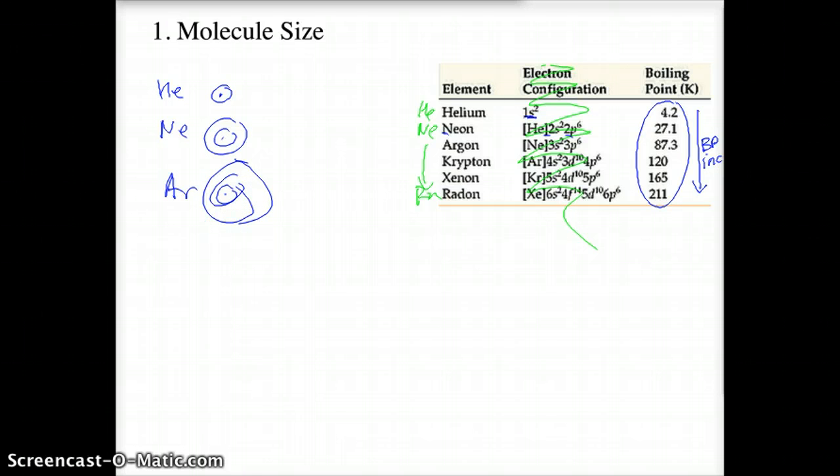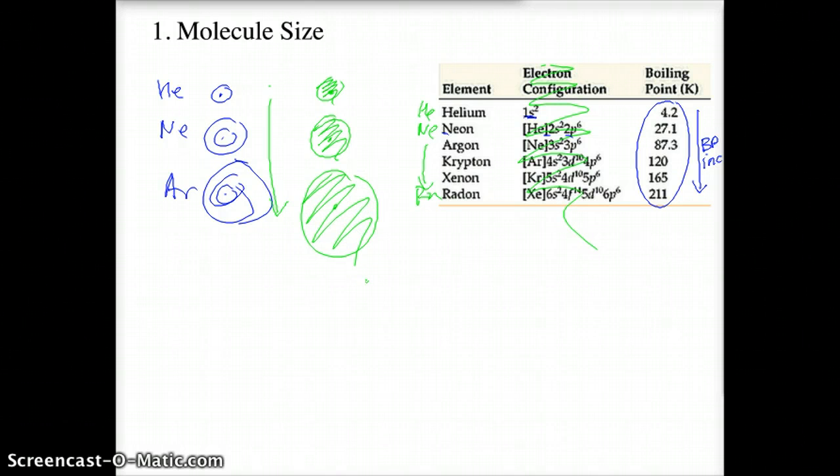So what we can see is as we go down the group, these atoms are getting bigger in size. As these atoms get bigger, those electrons have more space to move. It's easier for a bigger atom to become polar. It's more polarizable. That's that vocab word we just looked at.